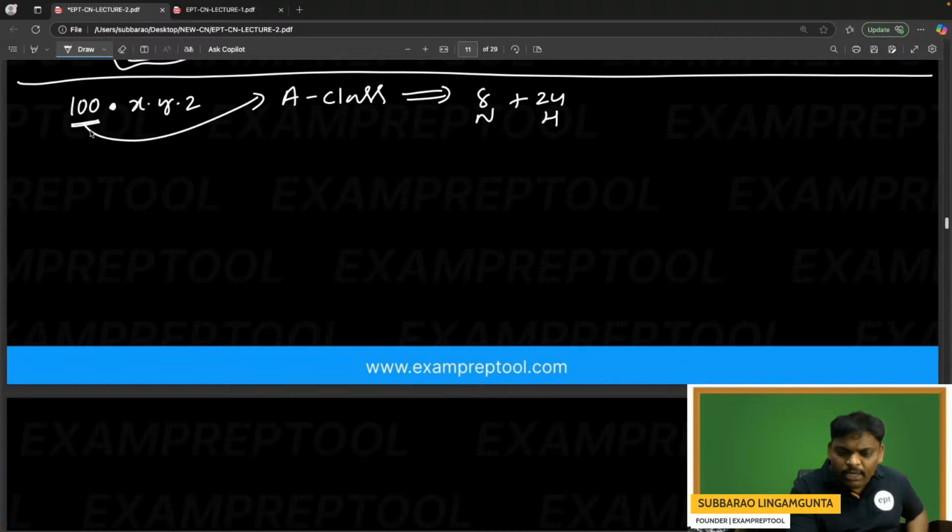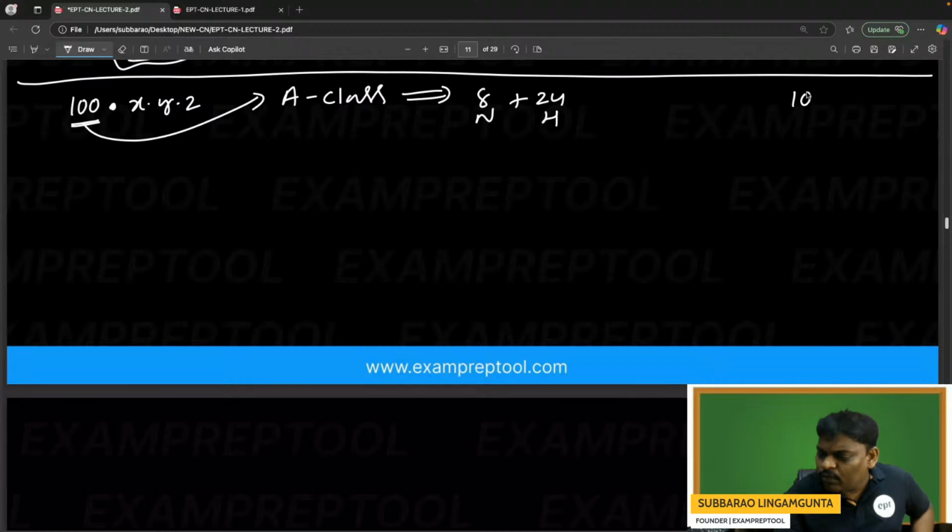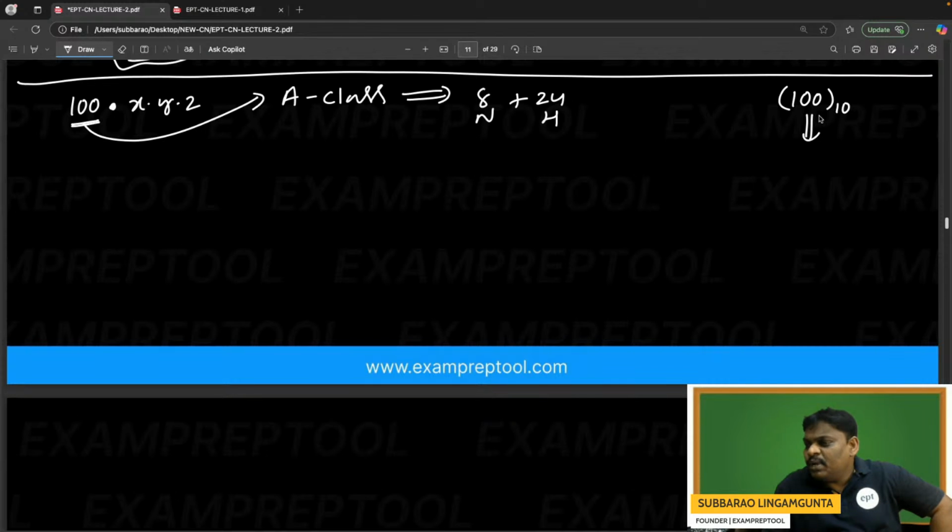Now let me convert this 100, which is a decimal number, into binary. You know very well how to convert a decimal number into binary. Closest to powers of 2, without crossing: 2 power 7 is 128, 2 power 6 is 64.